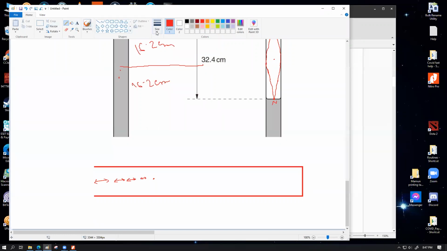Let's say initially we had this much dust particle accumulation, a rectangle, placed at the bottom of the tube. Eventually, when the stationary wave is produced, these dust particles are going to move from the antinode positions because of the motion of the air particles.